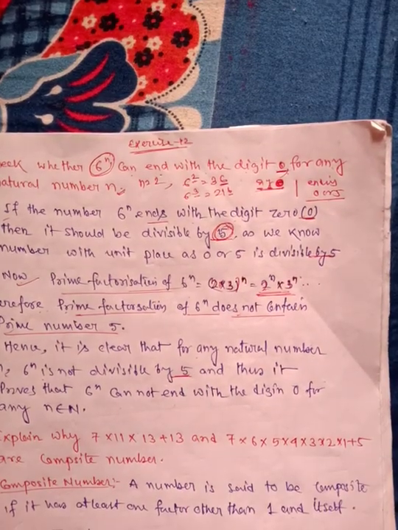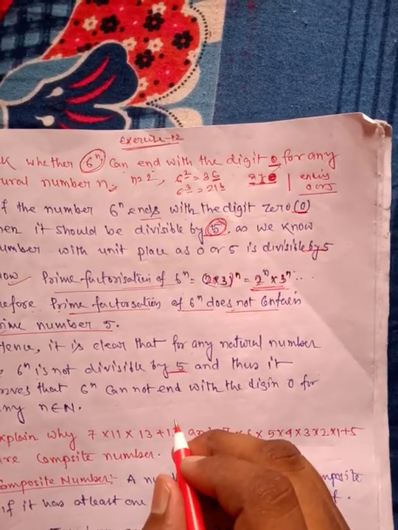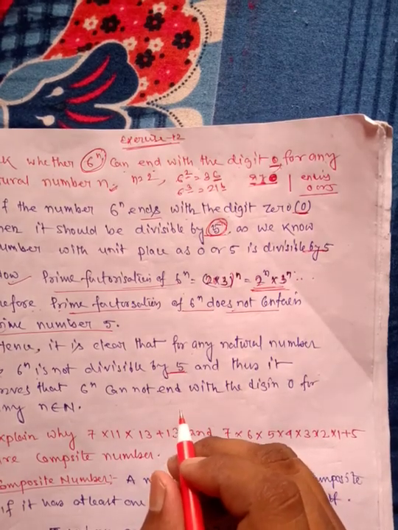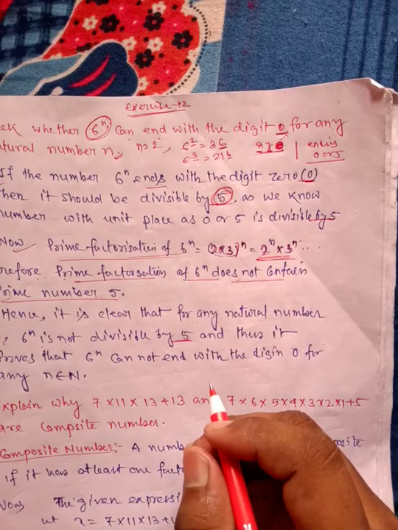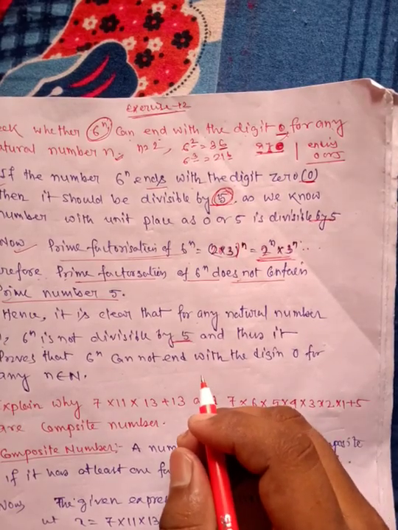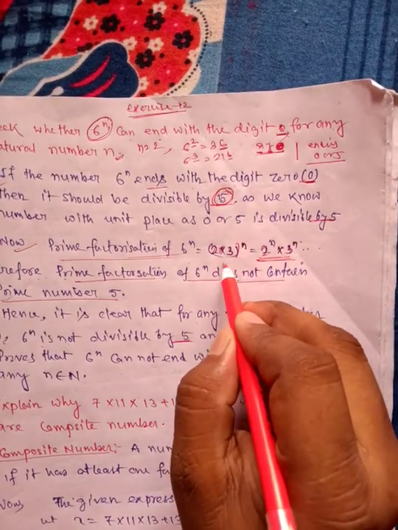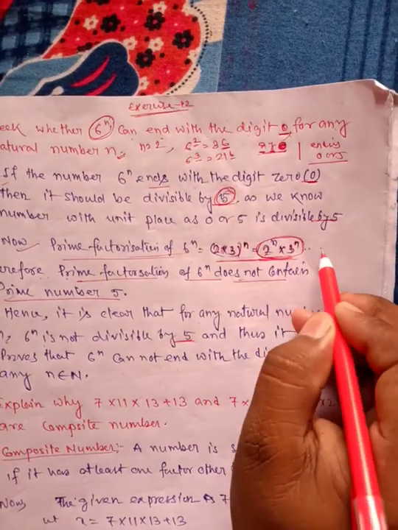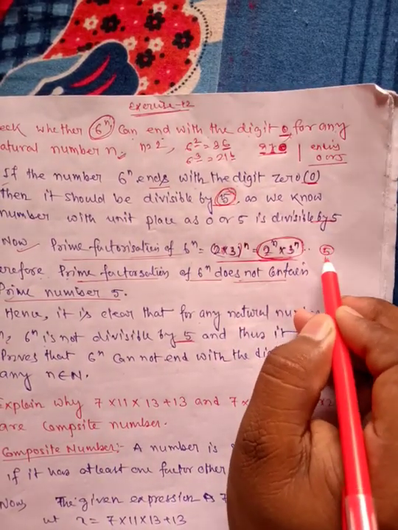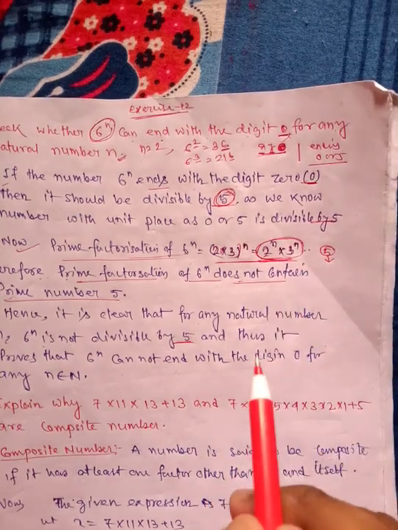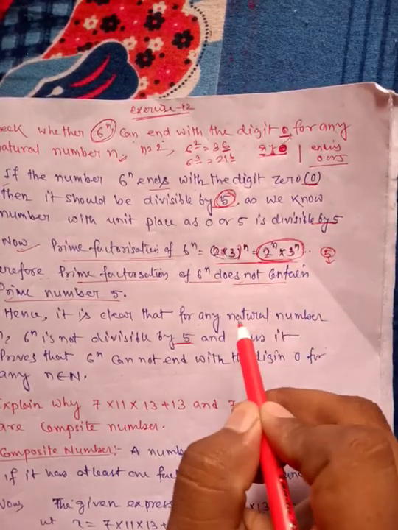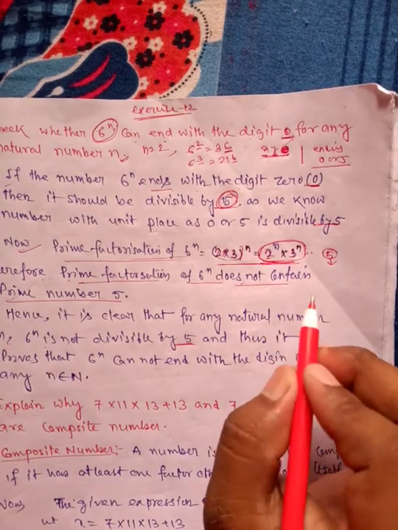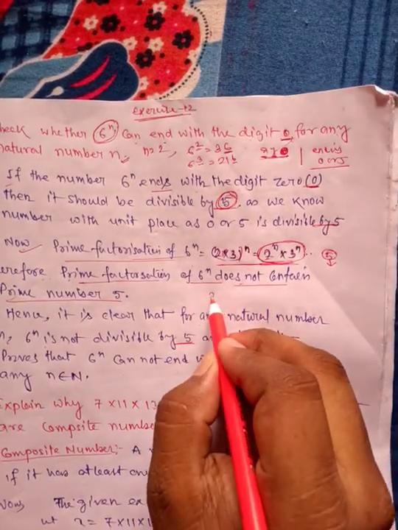Previously I said that a number is divisible by its prime factors. As there is no 5 in the prime factorization, and 5 is itself a prime number, a number is divisible by 5 only if it contains 5 as a prime factor. Suppose I give an example.